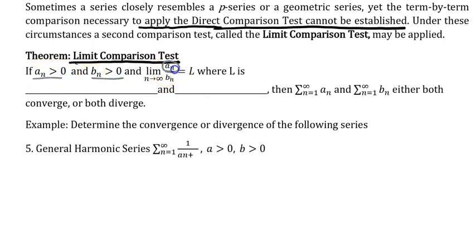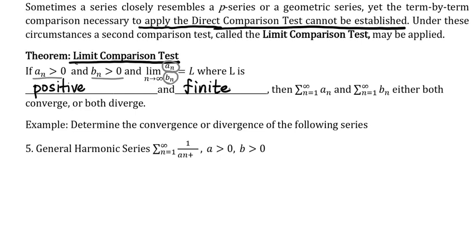And if you divide the terms of the series, take the limit as n goes to infinity, calculate that, and you get some expression L. Well, if the value of that limit is both positive, so not zero, not negative, and finite, so not infinity, needs to be a finite number, then you can conclude that the two series either both converge or both diverge.